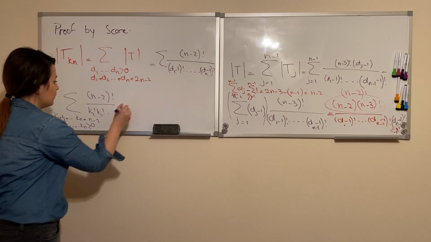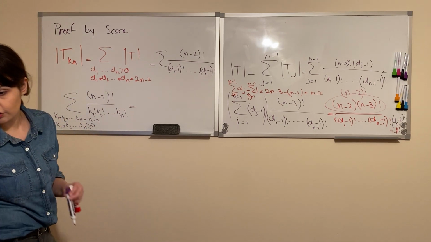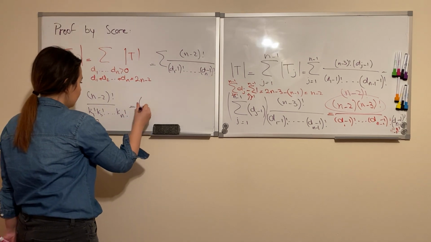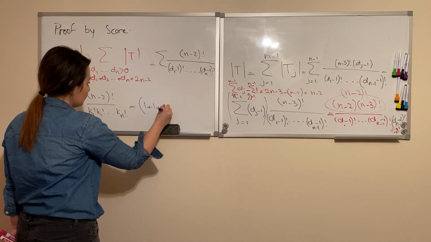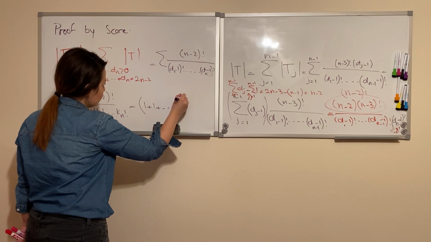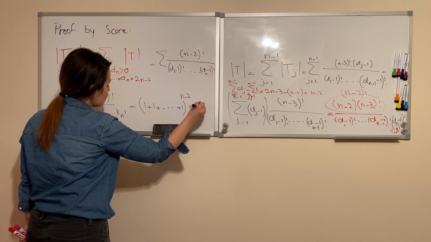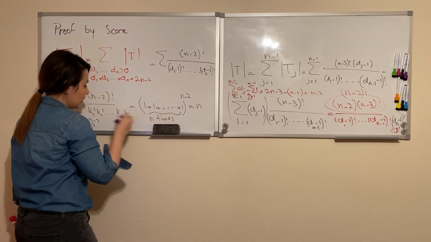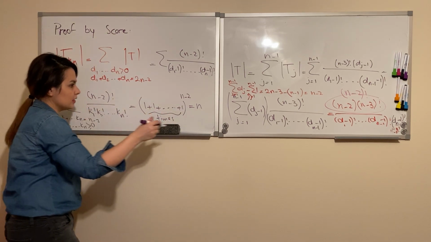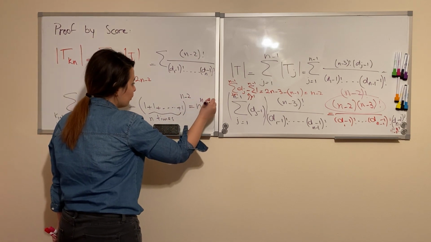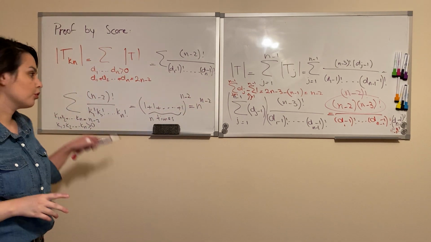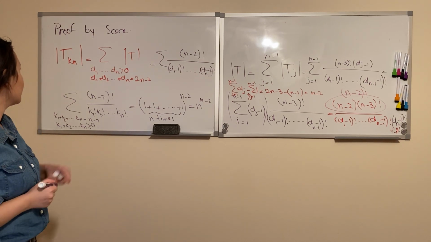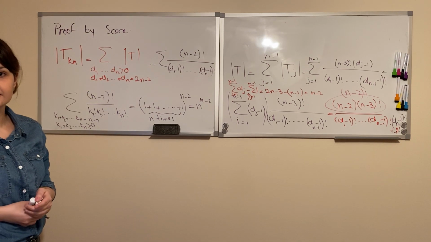We know this summation is equal to (1 plus 1 plus ... plus 1) to the power of n minus 2. Because I have n ones here, it is n to the power of n minus 2. So we see the result of Cayley's theorem. Thank you.